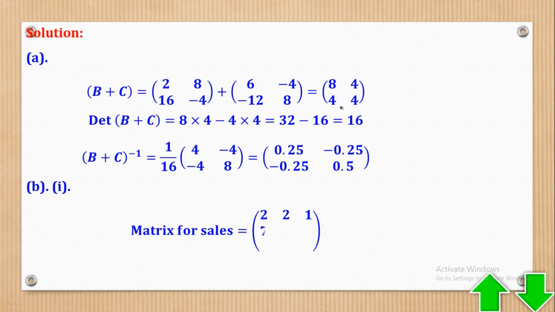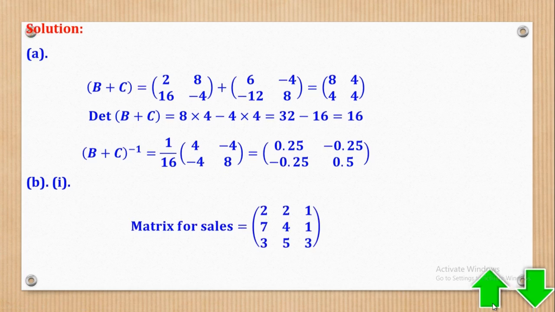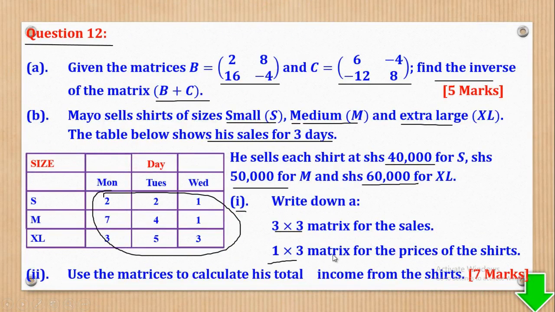Then for part B, Roman 1, they wanted the matrix for sales. They wanted a 3 by 3 matrix for sales, and also a 1 by 3 matrix for the price of the shirts.